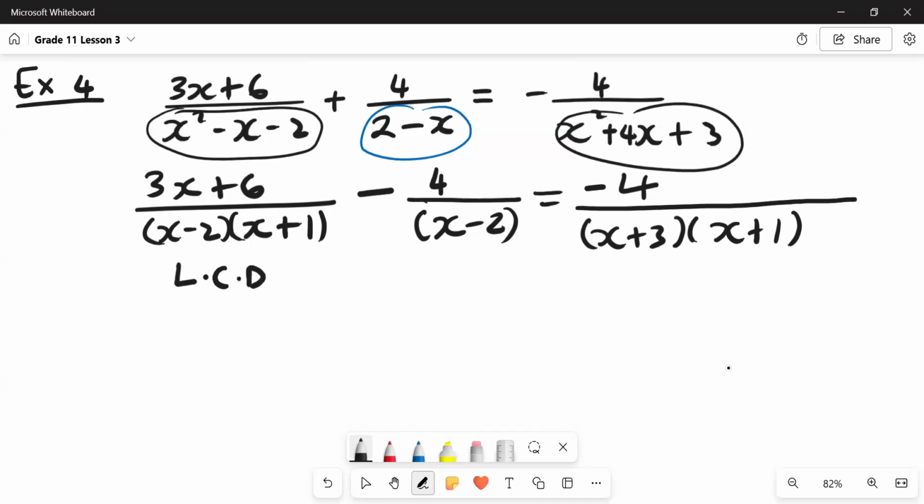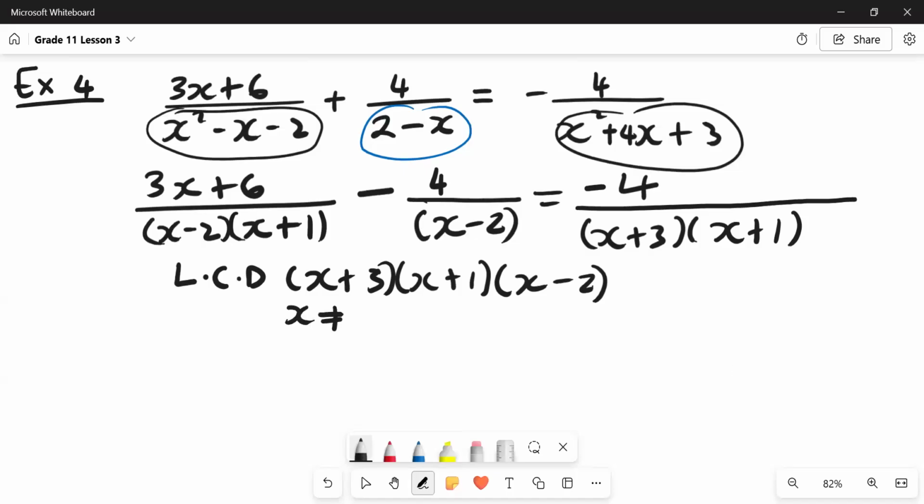The LCD would be x plus 3, x plus 1, and x minus 2. Restrictions: x will not be equal to -3, will not be equal to -1, will not be equal to 2. Those are your restrictions.